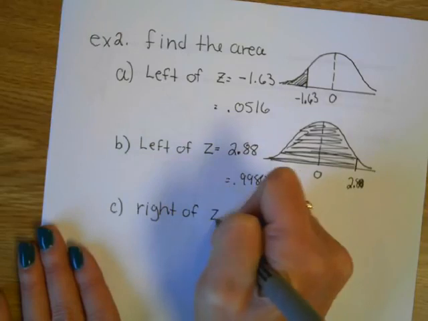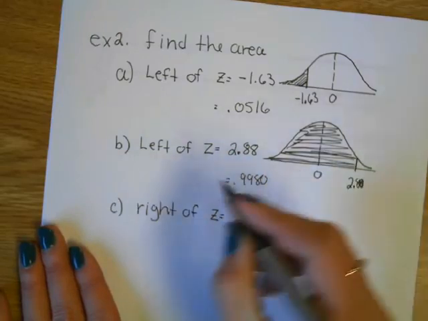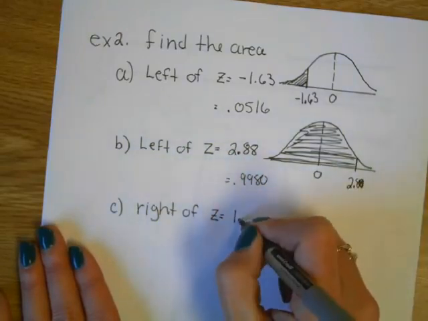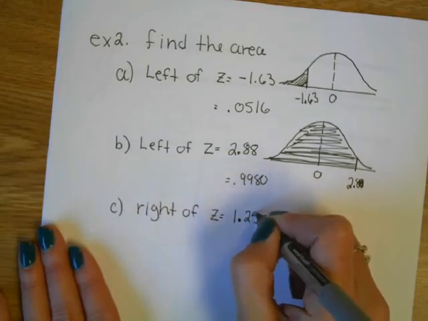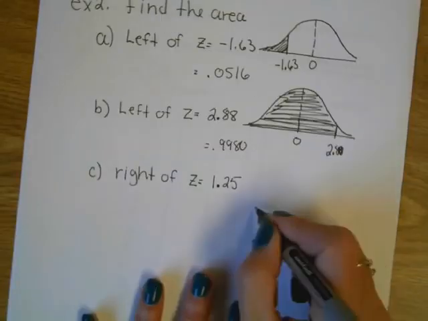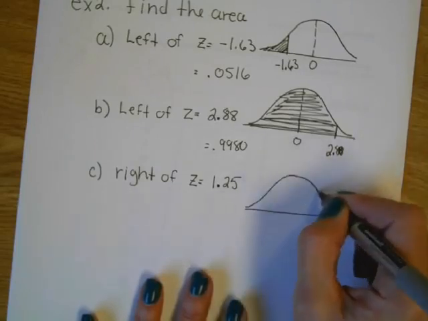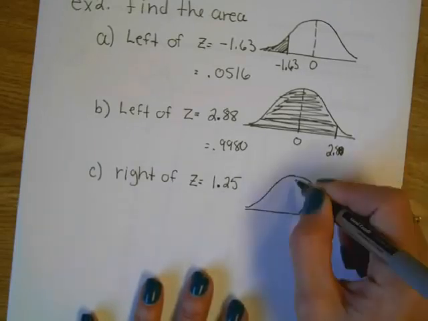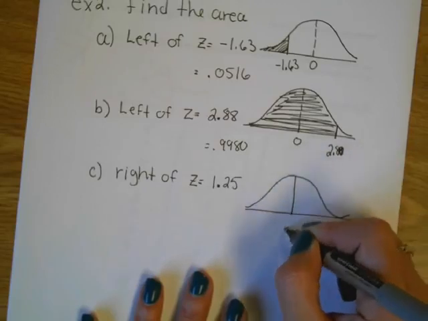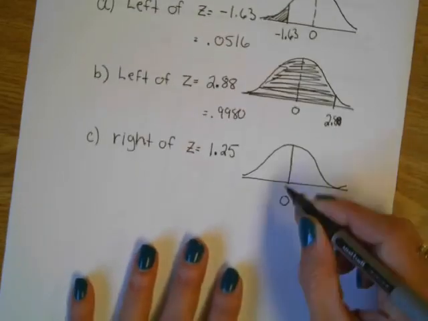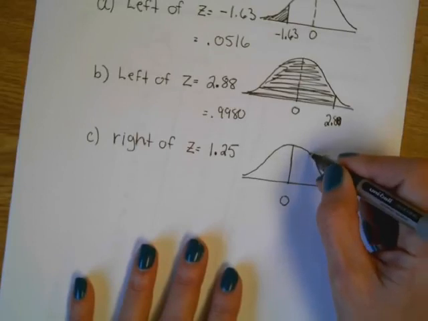Now, if I ask for the area to the right of a z-score, say 1.25. If we sketch it first, there's 0, and 1.25, I'm going to say about here.